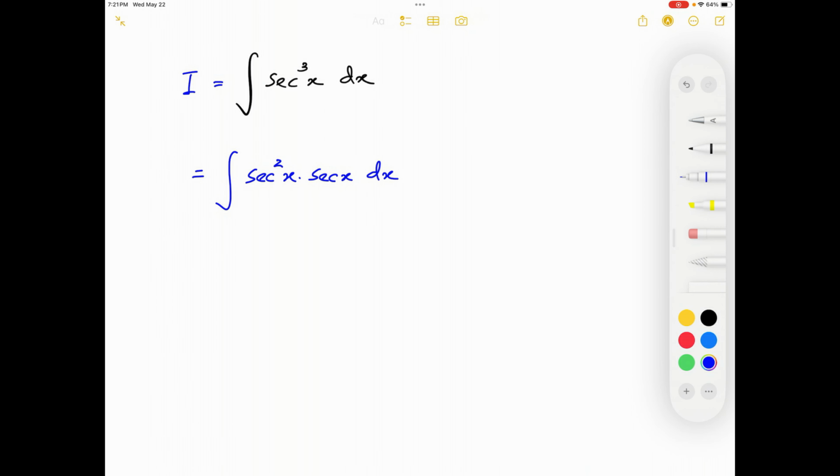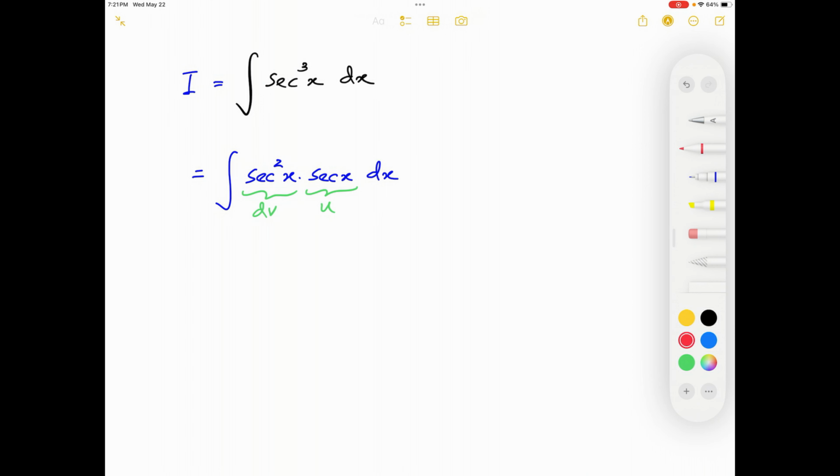In order to use integration by parts, we need to label one of those two functions as the function to be differentiated and the other as the function to be integrated. Of course, we can easily integrate secant squared x using the standard results. Therefore, I'm going to label that function as dv. Of course, we can easily differentiate secant x. Therefore, I'm going to label that function as u.